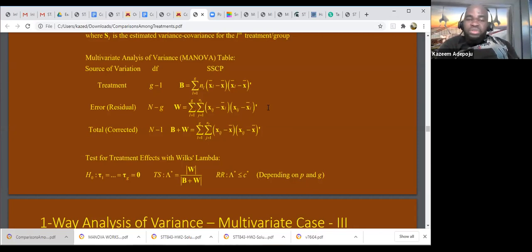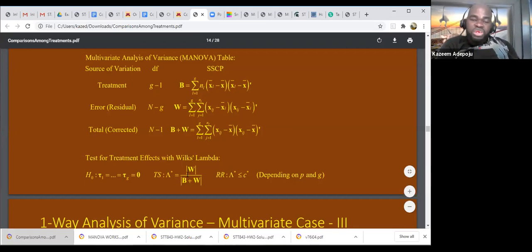You add this to this, which is a matrix, and this is another matrix. You add this to this, that will give you this, and this is going to be another matrix. Then you find the determinant of that. That's what you have here. So the ratio of these two will give us the test statistic. That is lambda.